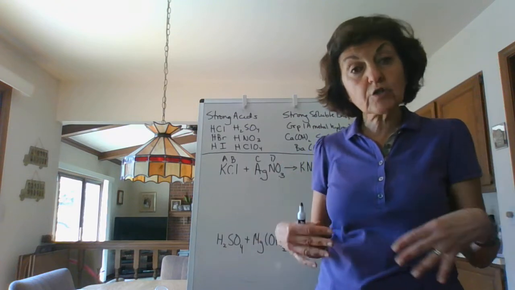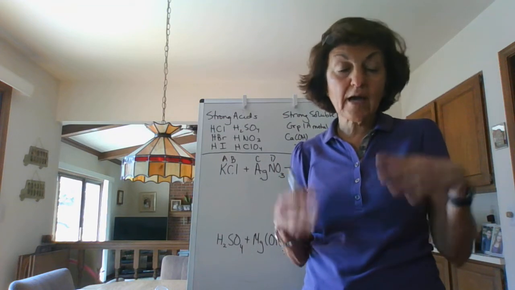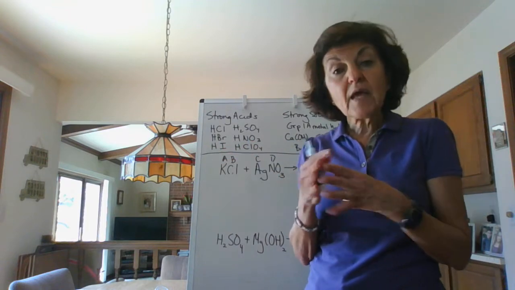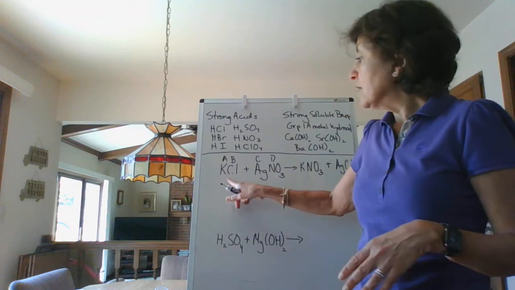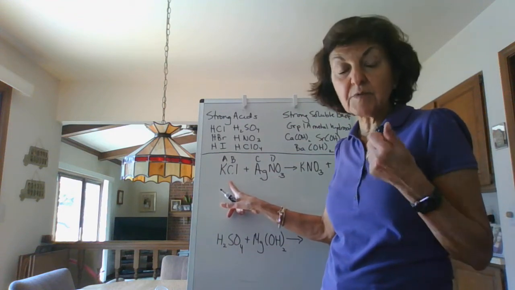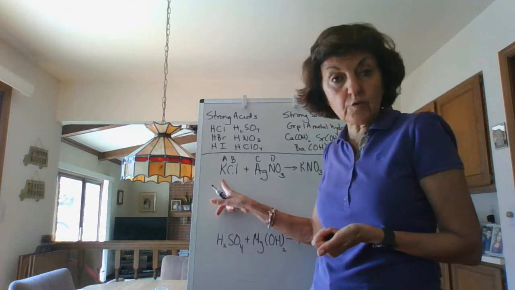Good. Now we want to turn that into a complete or total ionic equation. How do you do that? You break apart anything that is a strong electrolyte. Okay, so is potassium chloride a strong electrolyte? Yes, because it's a soluble ionic salt, because this has a group 1A in it.